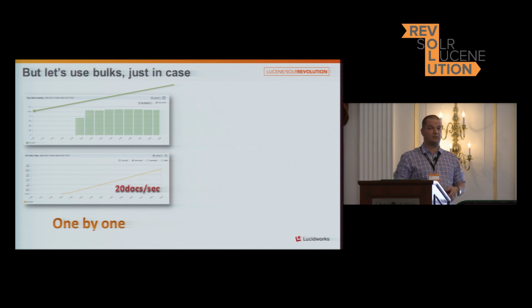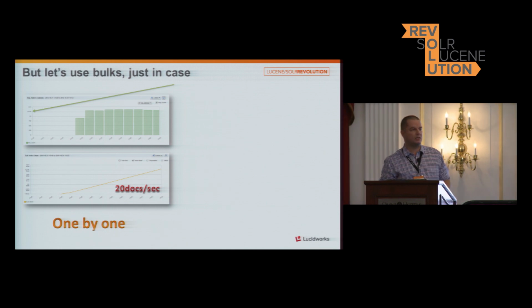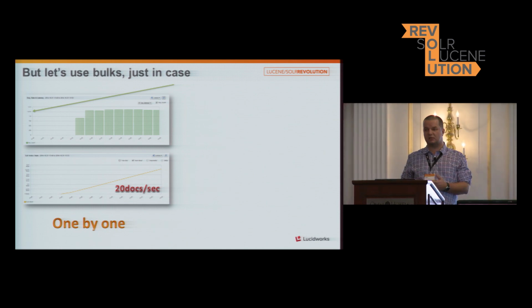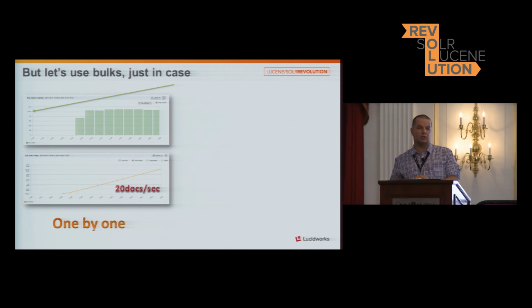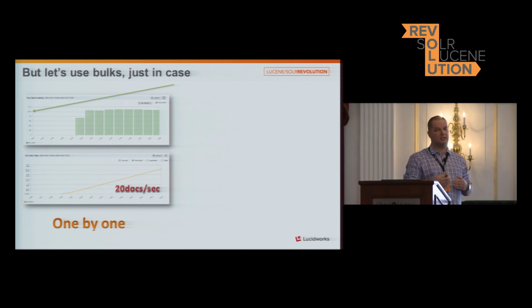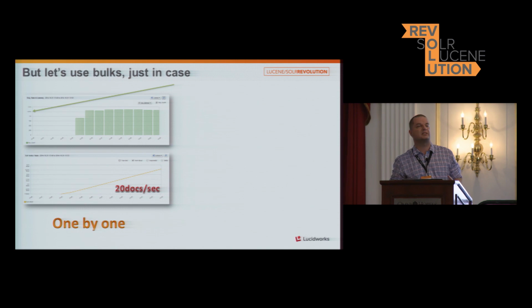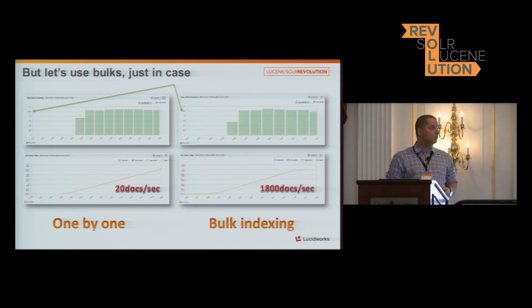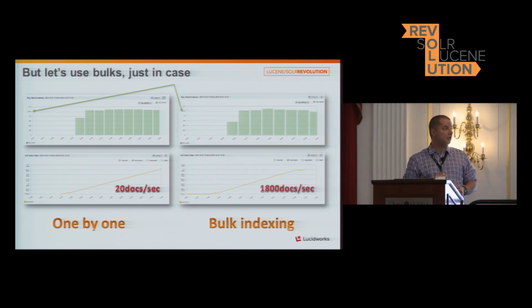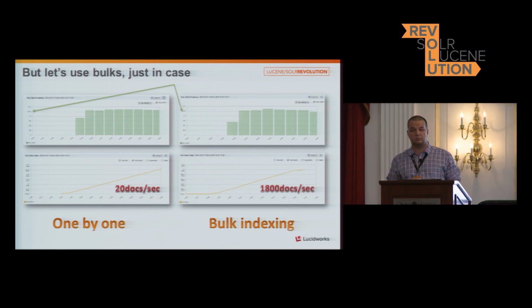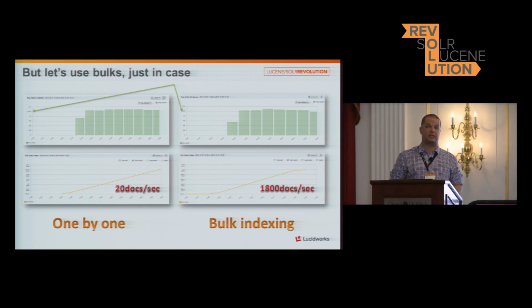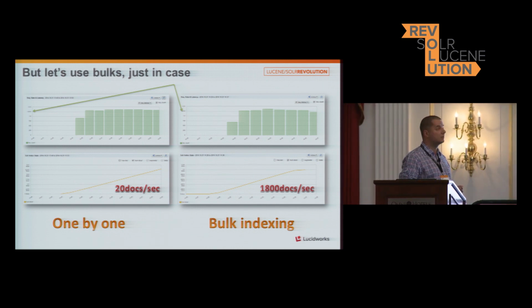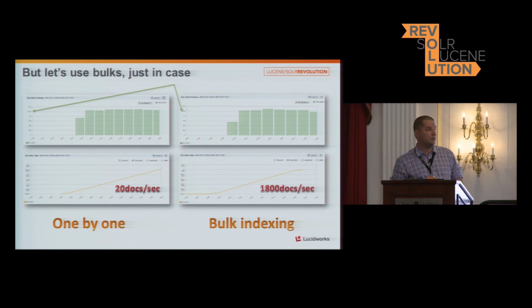So what we said, this is not a pure Solr, but use a shared bulk pool that you will be able to put documents in and just send it and use multiple threads instead of multiple applications. And with that approach, only changing to bulk indexing, we were able to index more than 1,800 documents per second, which is a nice trade-off if you ask me, only changing the indexing strategy.